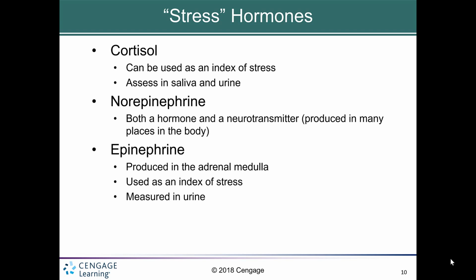Physical measures include increased secretion of cortisol and epinephrine, in addition to measures of blood pressure, heart rate, galvanic skin response, and respiration rate. A disadvantage of these indexes is that the equipment and the setting themselves may produce stress. Also, it's very expensive.